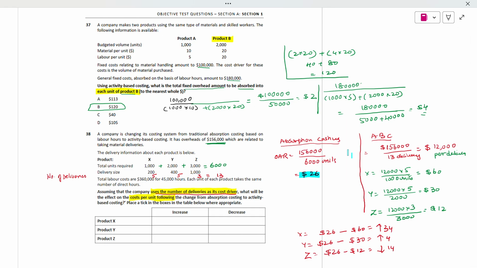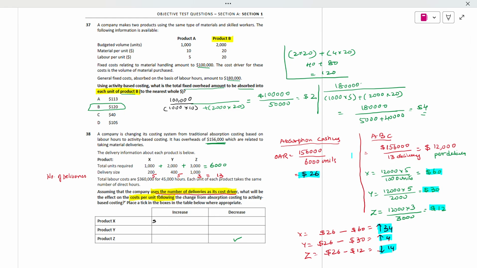We are comparing this with this, this with this, and saying how much is the result. The first one is increased, the second one is increased, the third one is decreased. I will write it like this so that it will be easy for you.